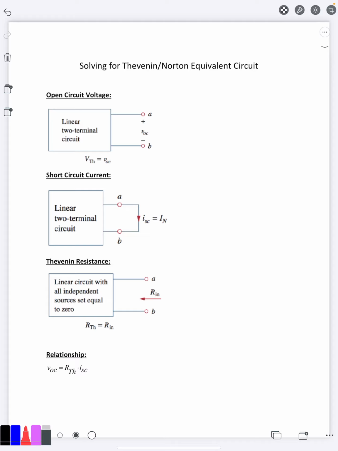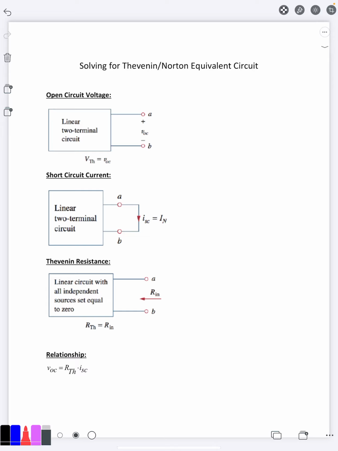Again, it looks like Ohm's law. It's not actually Ohm's law, it's actually source transformation. It's just telling you that if you can measure any two of the three of open circuit voltage, R Thevenin, and short circuit current, you can use this equation to find the third.